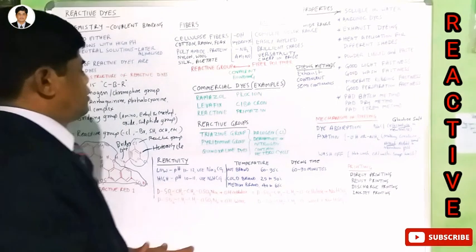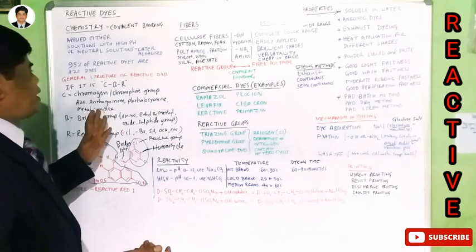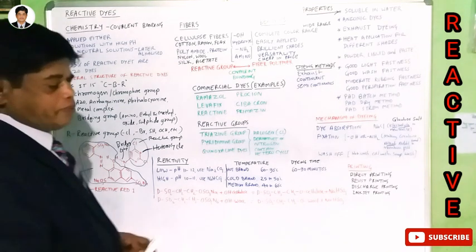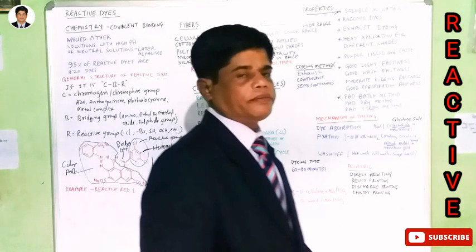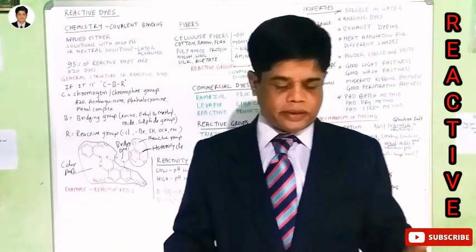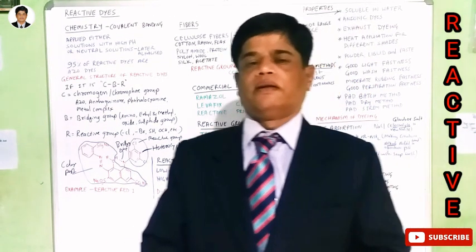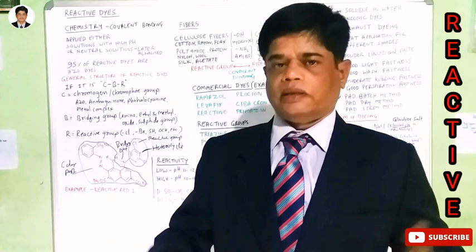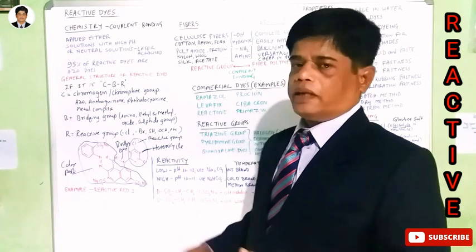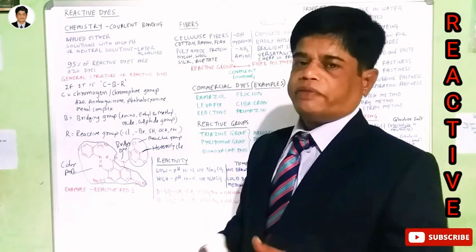Now, see about reactive dyes making covalent bonds with the fibers, and also the solution pH may increase or decrease. It may be neutral. Sometimes the dyeing is done in the neutral way, or sometimes increasing alkali is required. Process variation is required.